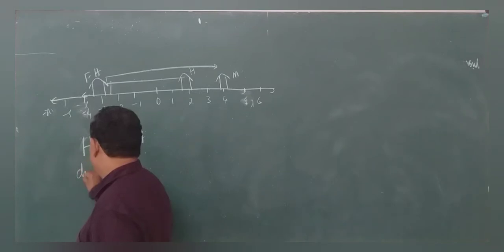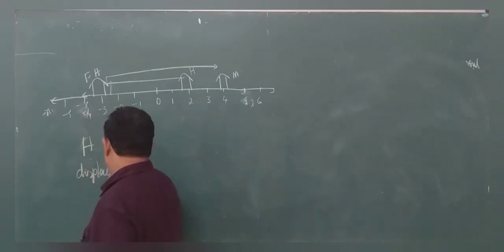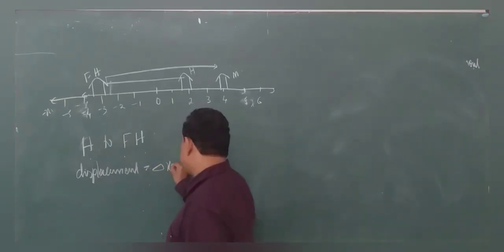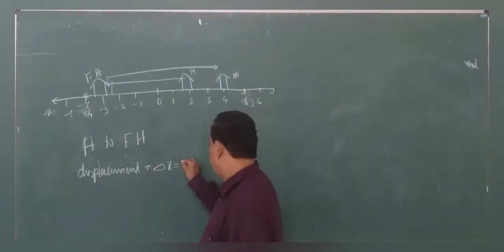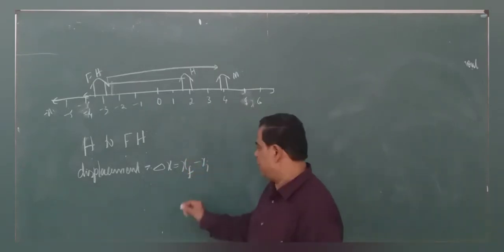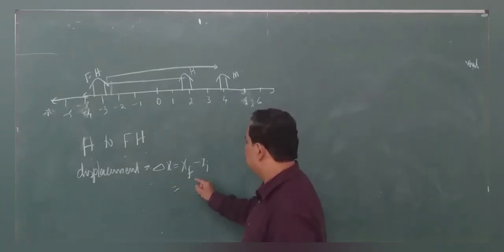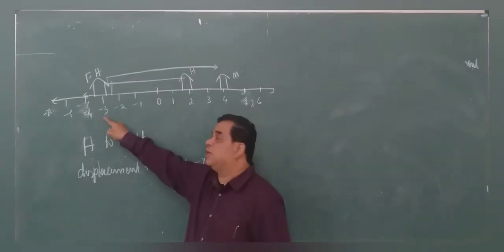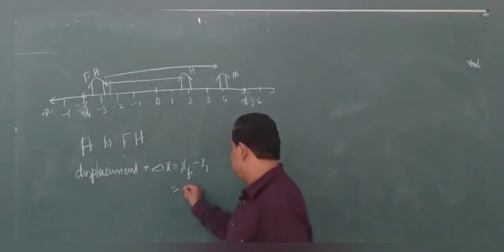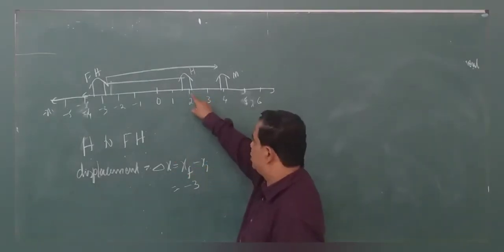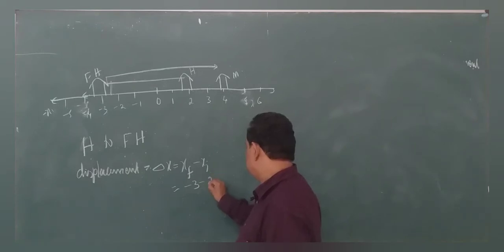Displacement is always the change in position, which I denote by delta x, and it is written as final position xf minus initial position xi. Final position xf, in this case, is the friend's house, which is -3. And the initial position is your house, at +2. So -5.